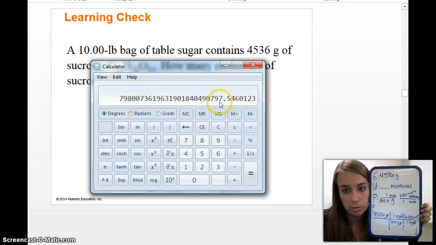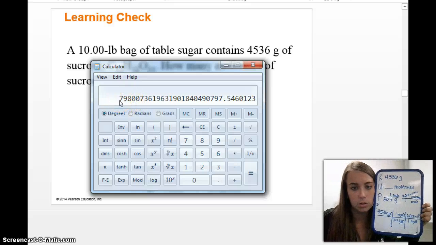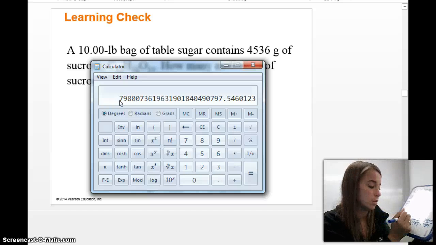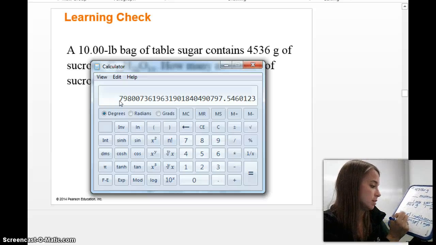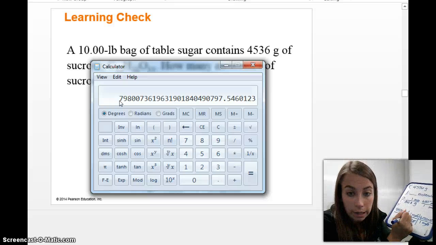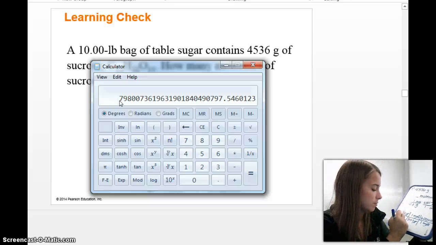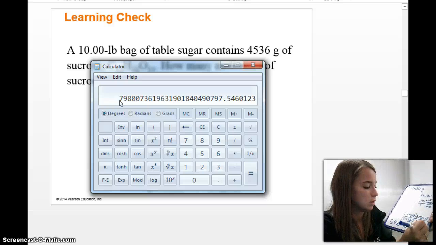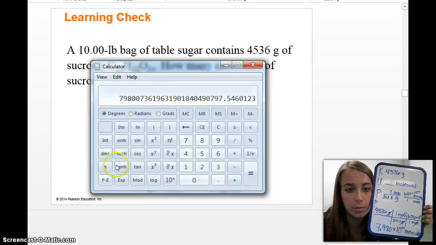So I'm going to move the decimal place over 1, 2, 3, 4, 5, 6, 7, 8, 9, 10, 11, 12, 13, 14, 15, 16, 17, 18, 19, 20, 24. So 7.9, and I need 4 sig figs. So 7.980 times 10 to the 24th molecules in a 10-pound bag of sugar.